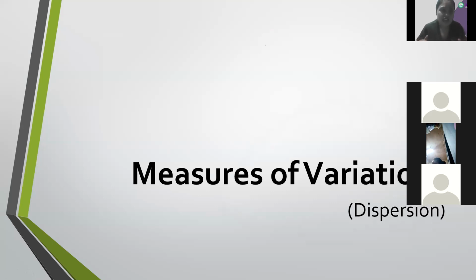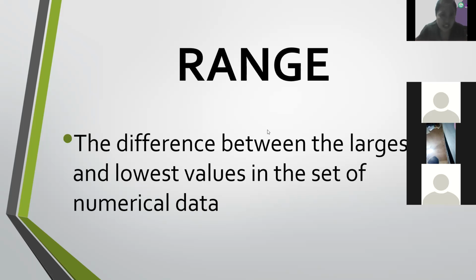Walang outliers. Yung sinabi ko kanina na we cannot use the mean if you have outliers or extreme values. So in order for us to really know whether our data are precise or not, we are going to use these measures of variation.